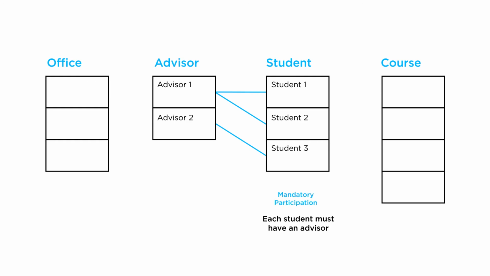Again, this is mandatory participation of a student in the advisor-student relationship. We may also have the requirement that each advisor in the system should be advising students. So in that case, the relationship has a mandatory participation of the advisor in the relationship, and so on both sides, both for students and advisors, we have mandatory participation in the relationship.